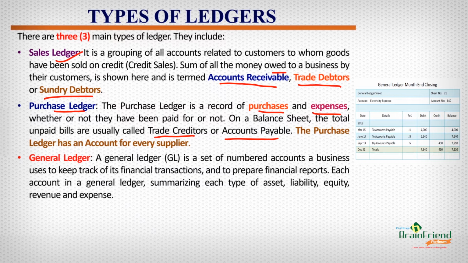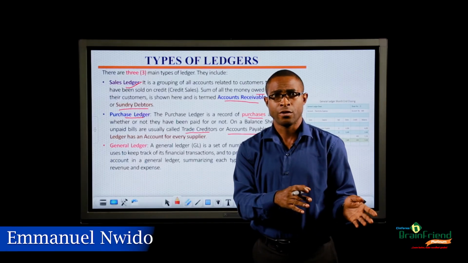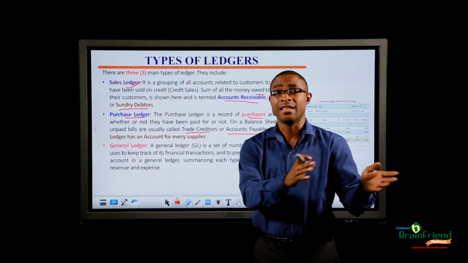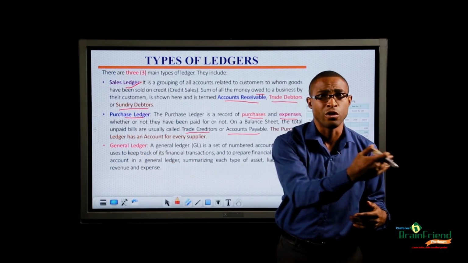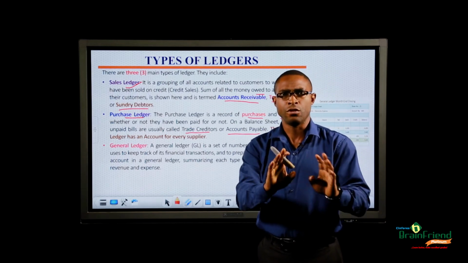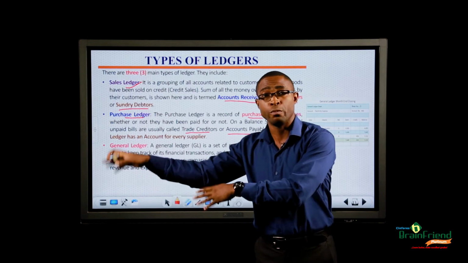Then finally, we have the general ledger. You should understand that a typical business involves sales and purchases. Somebody needs to buy, and then when the person has bought, the person can now sell to other people. So let's assume you want to start a business. You have to purchase from a supplier.